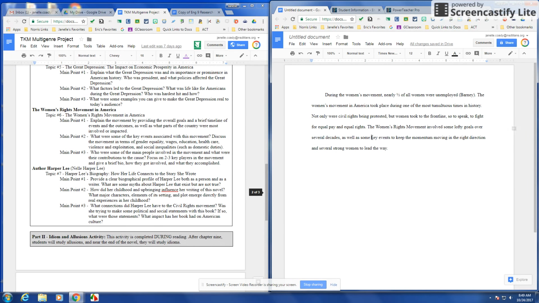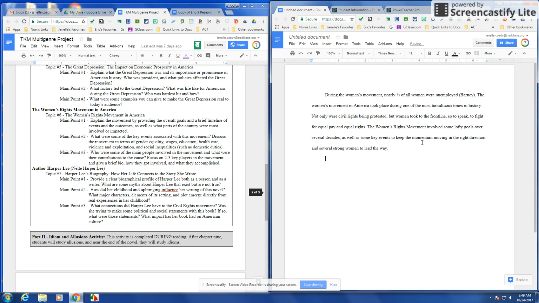Key point 2 is going to be key events. And number 3 is going to be the women. I think it asks you to choose at least 2 women. So there I have my hook, which is a fact. I have my background information or tie-in. And I have my thesis statement, which includes my 3 main points. So that's the basic for your introduction.